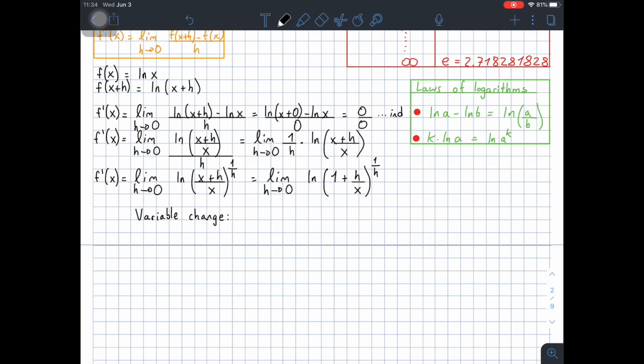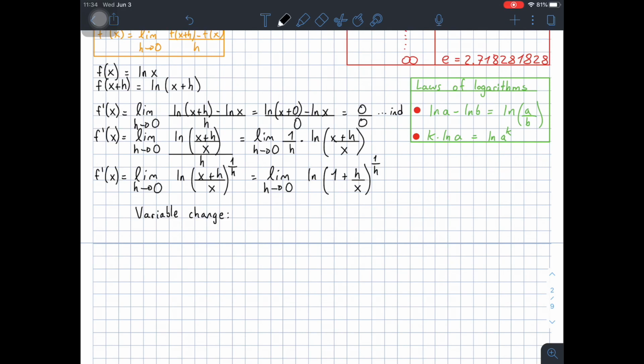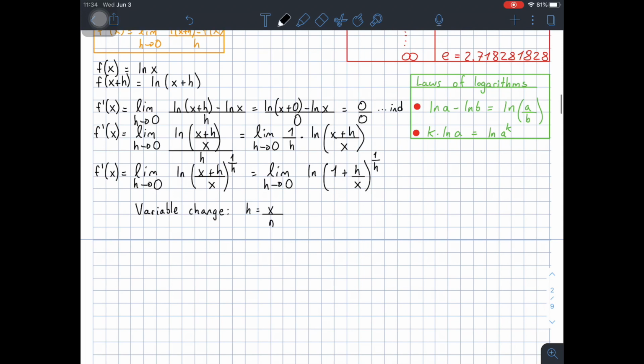The variable change implies the following. I'm gonna call h x divided by n, and you will see why in a second. So you see that h is the inverse of n, right? So if n approaches a very big value, what will happen to h?